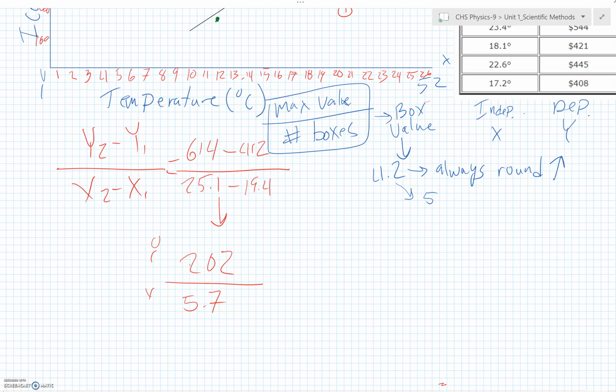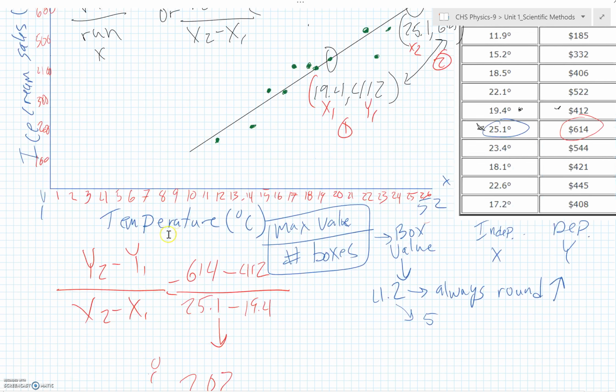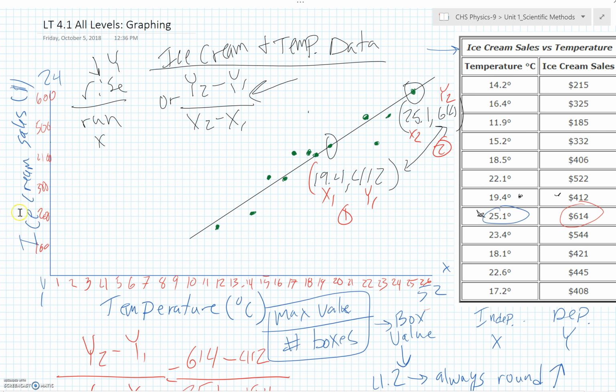Now, here's where an interesting thing happens, and I would be surprised if you talk about this in your math class. What I'm interested in in physics is, what do these numbers mean? We get meaning from the units, right? These are all naked numbers up here, so that's really embarrassing. And these are super naked as well. To make them not naked anymore, we have to figure out what units go on here. For my y, I go back up to my graph and look at what units I had on the y-axis.